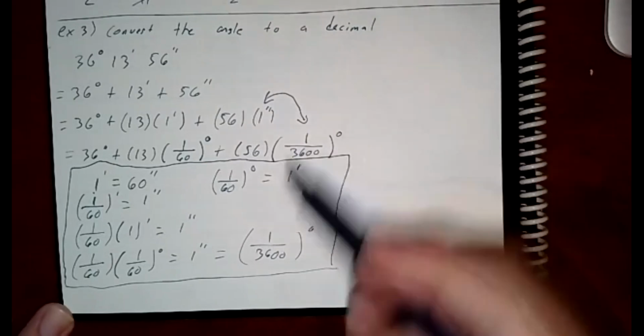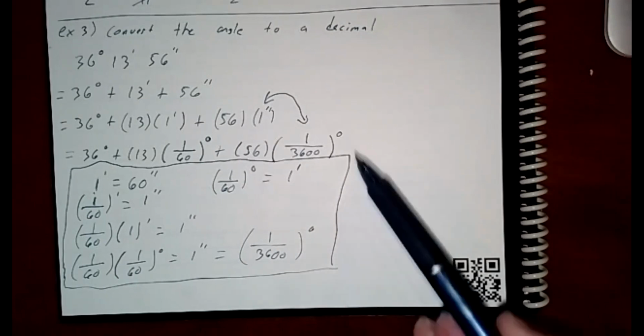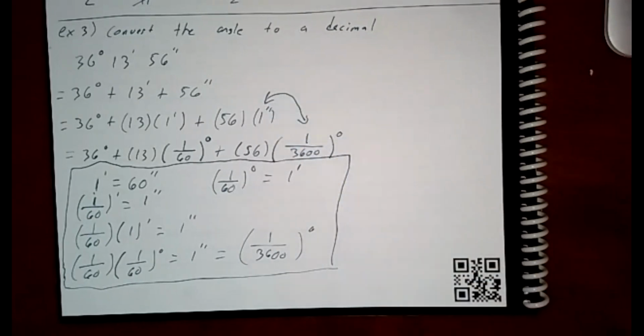But if you want to know why, this is why. So that 1/3600 is literally just 1 second in degree form. Yeah, this is how you derive that fact. Does that answer your question as to why this is the case? Yeah. Okay. Anyone else have a question on that?